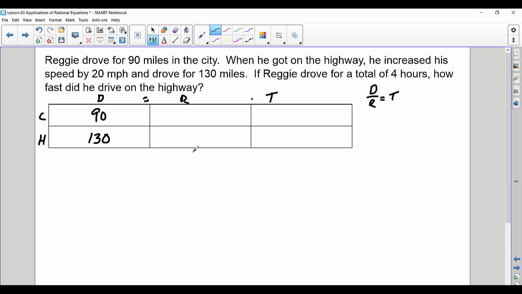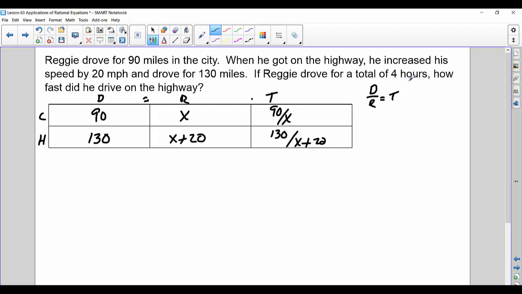It doesn't say anything about the rate, so we'll call the city x, but it does give a comparison here. 20 miles an hour faster on the highway, so that's x plus 20. We know distance over rate is equal to the time, so 90 over x and 130 over x plus 20.